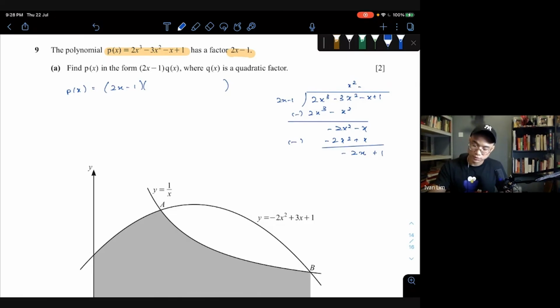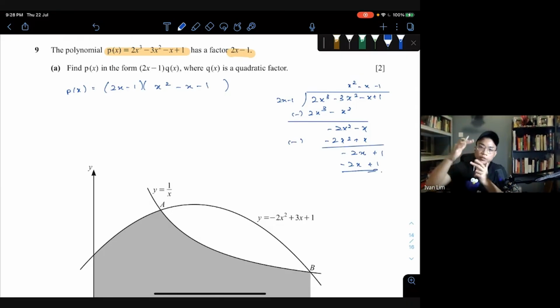Wait, here is minus x. And here minus 1. Minus 1 times 2x is minus 2x, and plus 1. Okay, so here you get x squared minus x minus 1. Make sure you all double check, triple check for this because this will normally link with the next question. Okay, long division.